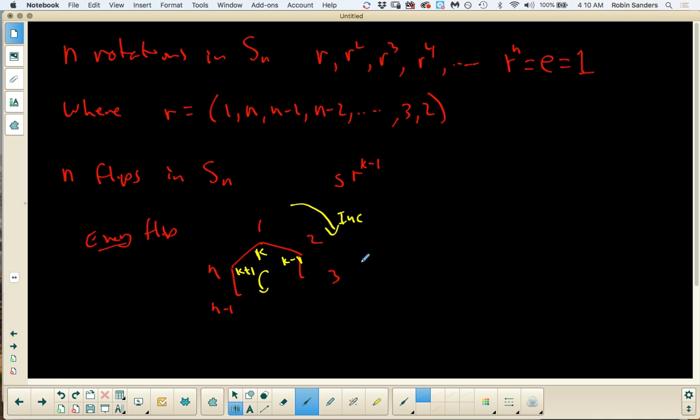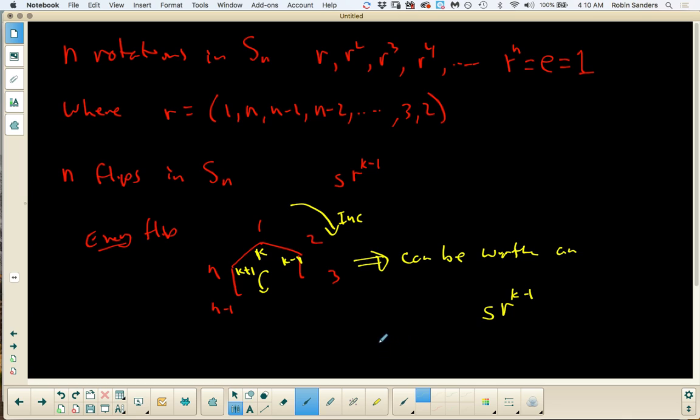And we've already seen that that particular permutation can be written as r to the k minus 1 times an s.